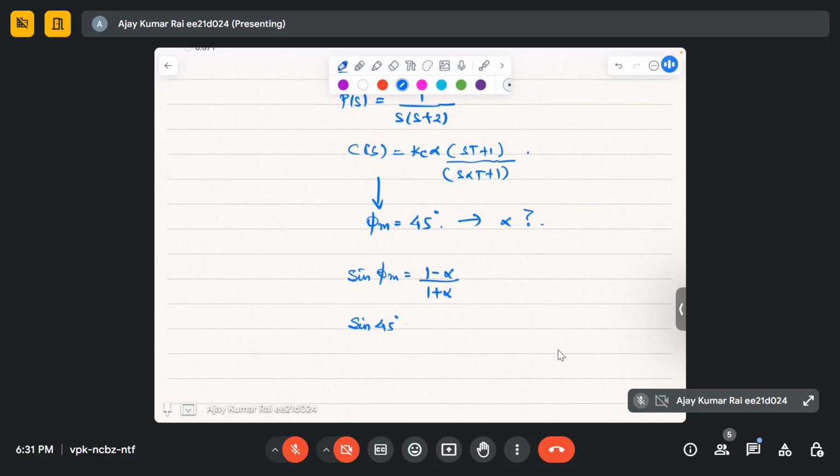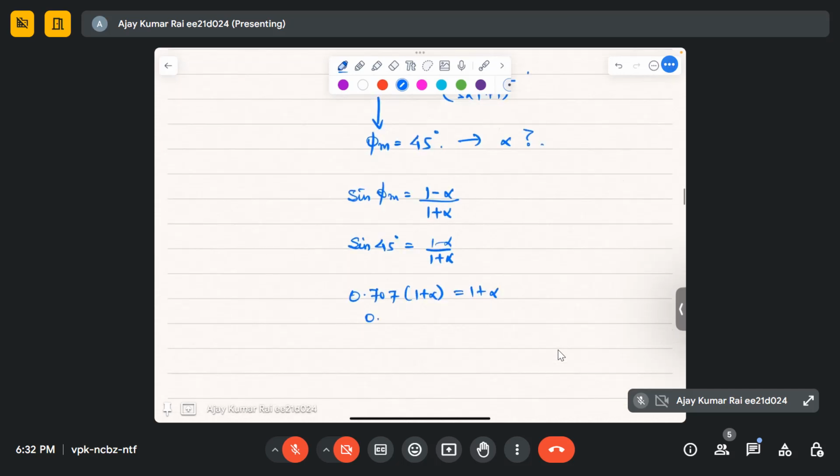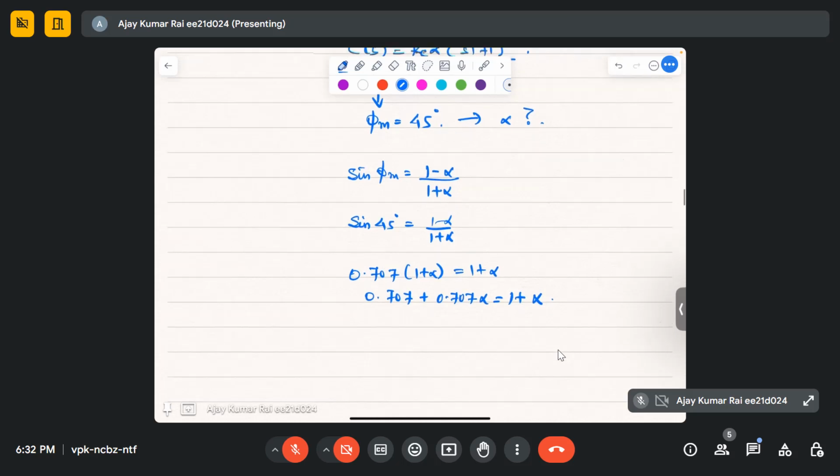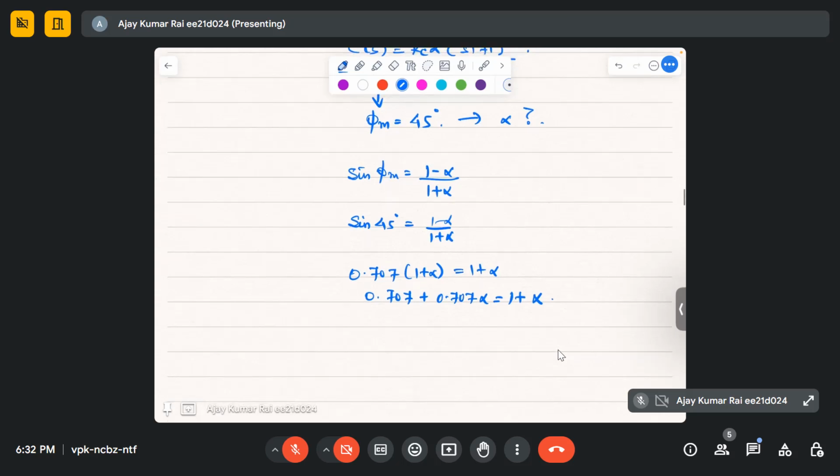So sin 45 degrees equals (1 minus alpha) by (1 plus alpha). Sin 45 is what? 1 by root 2. I think it's 0.707. So you have to solve this. Sir, on the right hand side it is 1 minus alpha.